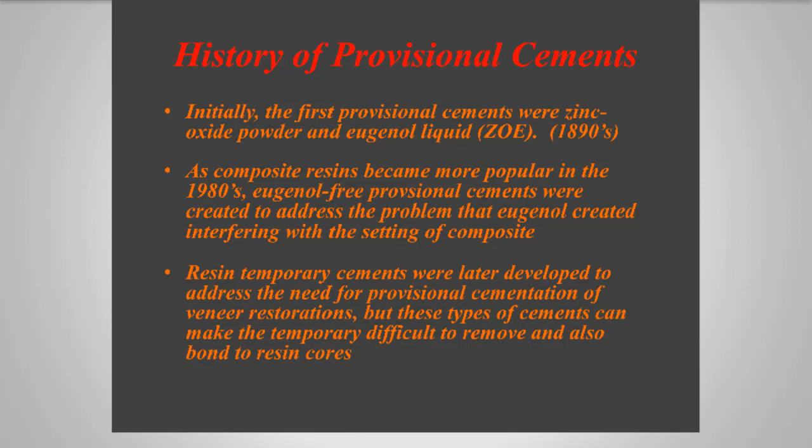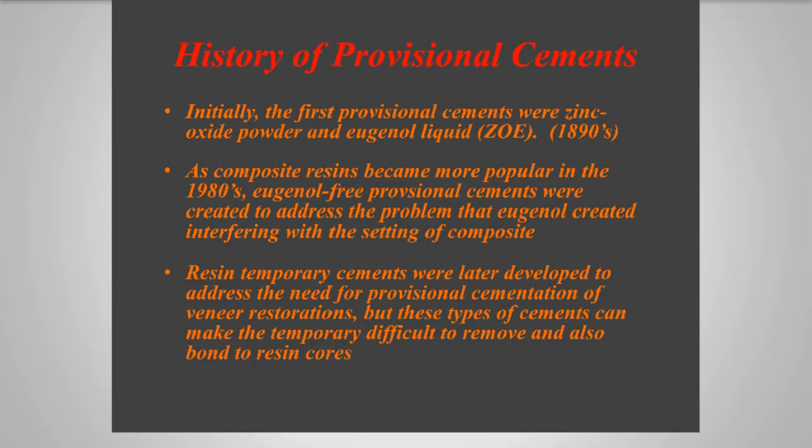So resin temporary cements were developed. We still don't see too many of them on the market, but one thing, resin enhancement of ZOE or eugenol-free zinc oxide type materials have helped in the cleanup of these cements tremendously.